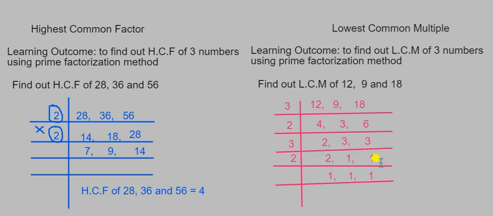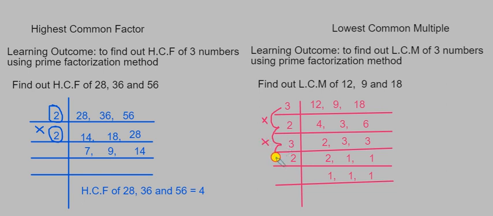Okay. So here we have ended with our division method. These are our factors 3, 2, 3 and 2. It means we will multiply all these factors to find out the lowest common multiple of 12, 9 and 18. Yes, we have 4 numbers, so we will multiply all 4 of them. So let's multiply 3 into 2 is 6. 6 into 3 is 18.